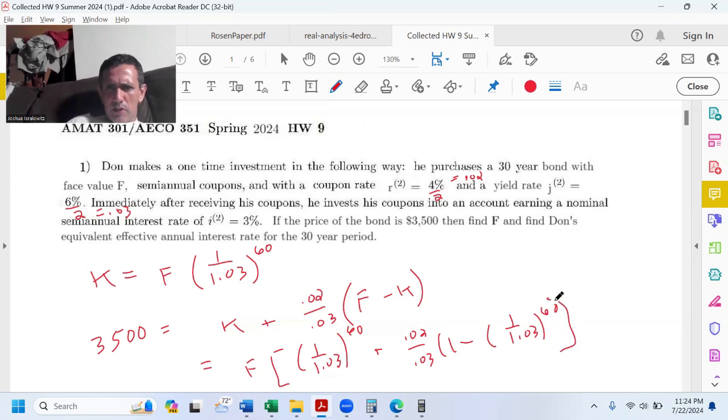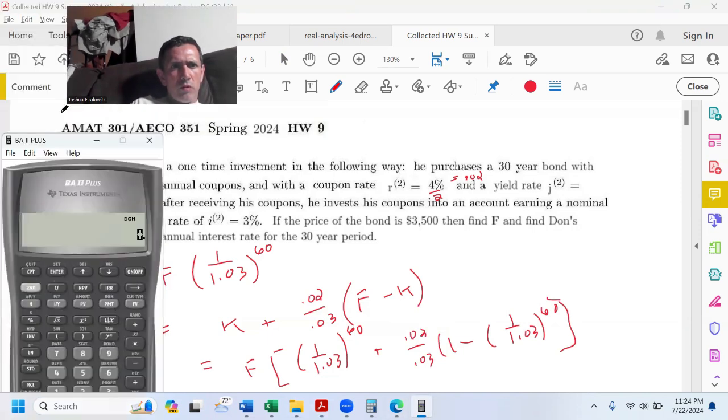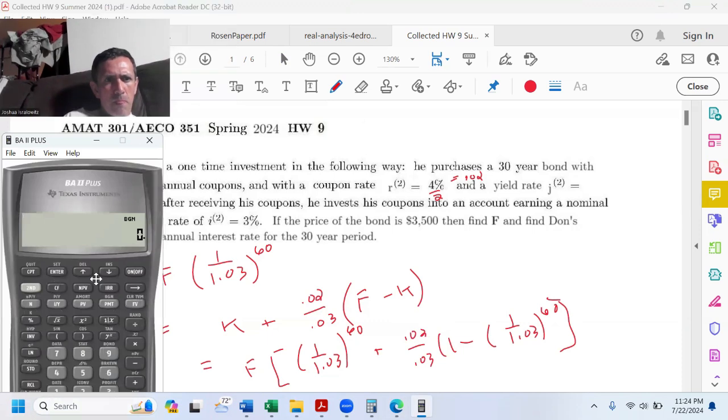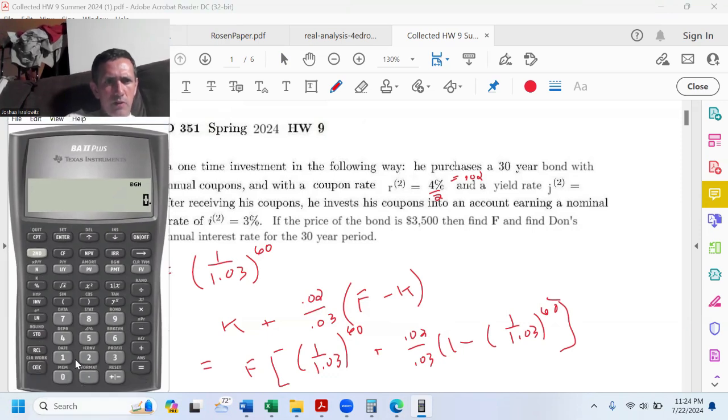I think the easiest thing to do is put this in the calculator. So 1.03 to the 60th, minus... store this in the one spot.